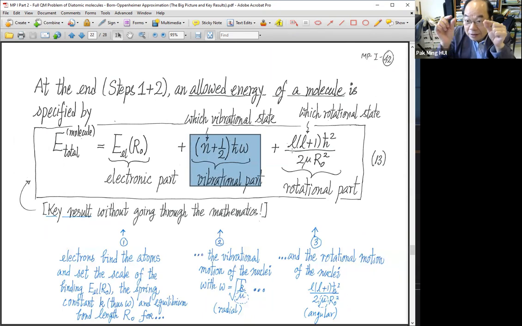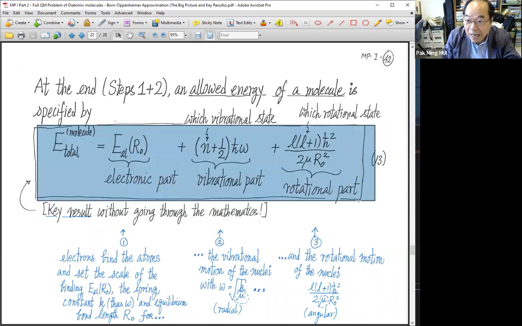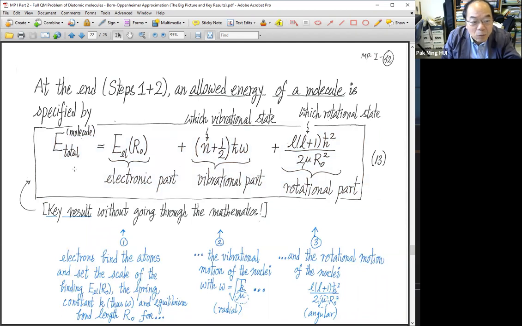And then the 2 nuclei, thinking about it as 2 balls with a rod, they rotate around. Then it will give a rotational part of the energy. This whole line gives us what the possible energies can be.